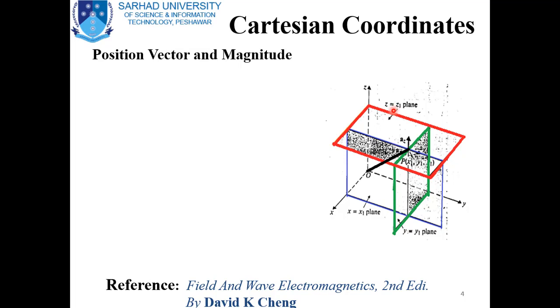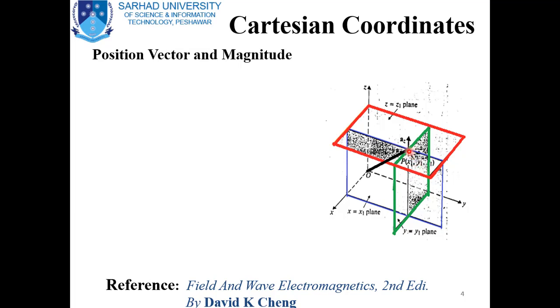So these planes intersect each other, and the common point of these three planes is P. So we have a position vector OP. The O is the origin where all the values of x, y, z are equal to 0, and at point P the value of x is x1, the value of y is y1, and the value of z is z1.